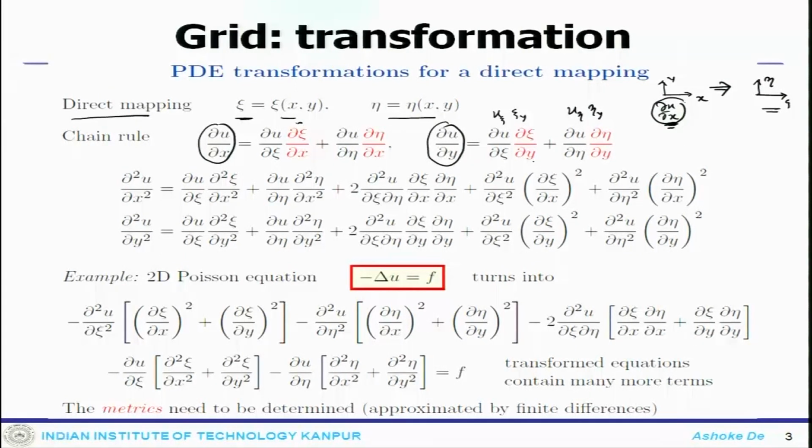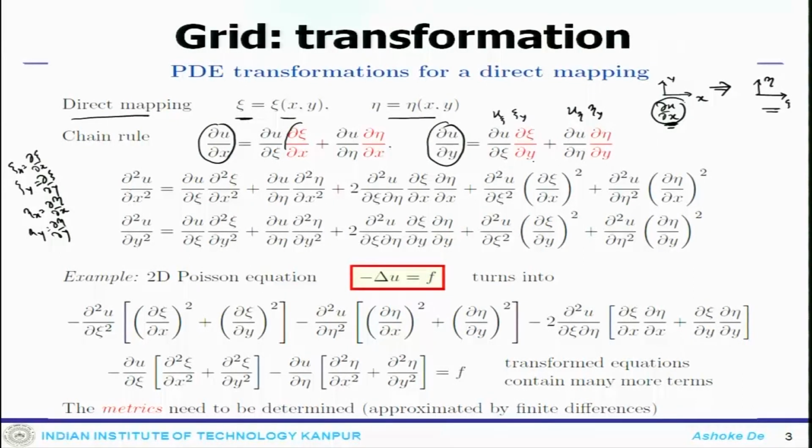If you look at these terms, xi x is nothing but del xi by del x, xi y is del xi by del y, eta x is del eta by del x, and eta y is del eta by del y. These terms are the derivatives of xi and eta with respect to x and y, and they retain information of my coordinate transformation.